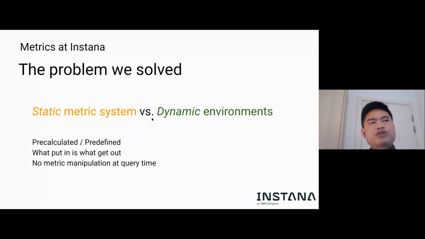Basically, if I want to see the health of our cluster, I cannot look into each individual container. It's just too much, and it's like looking at the picture at the pixel level, right? You look at each individual pixel, but not the overall picture. So that is a limitation of a static metric system.